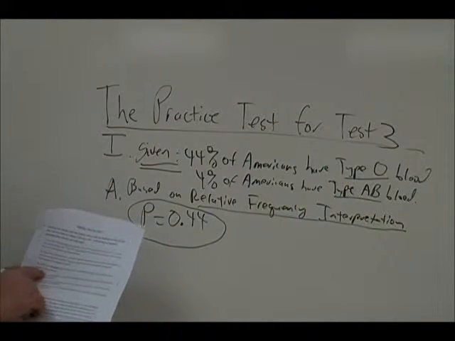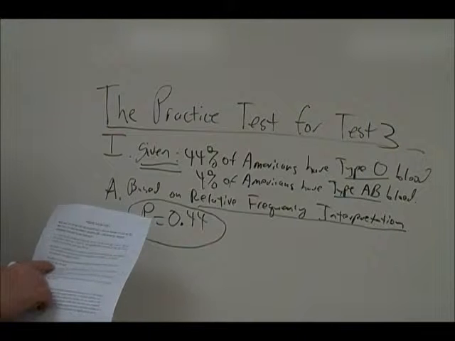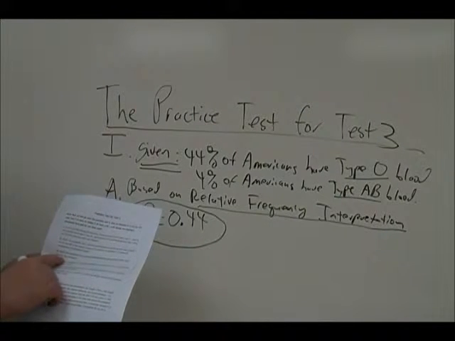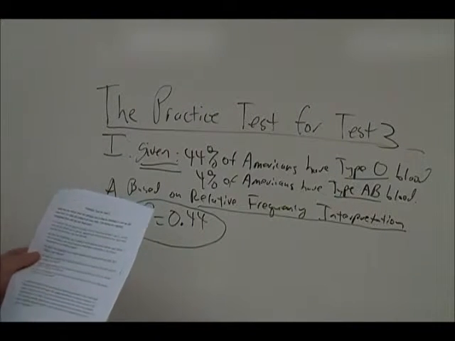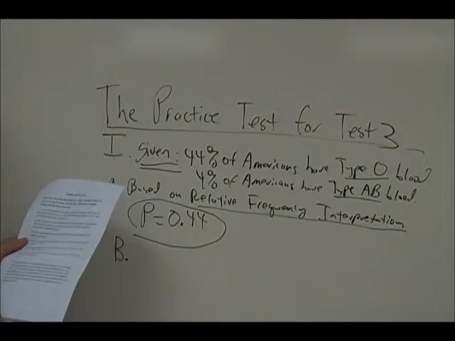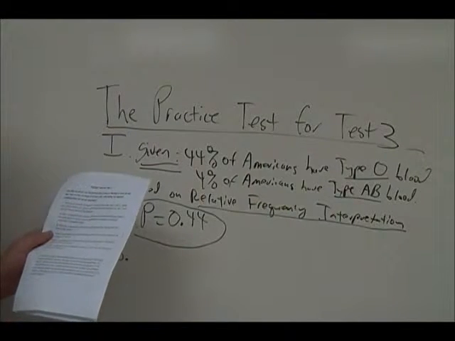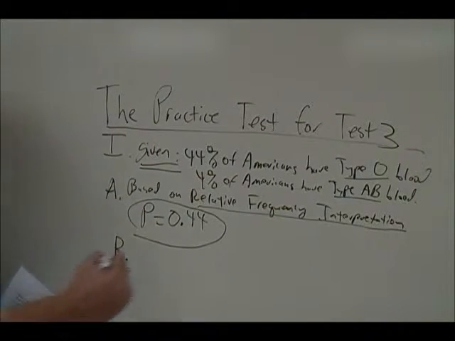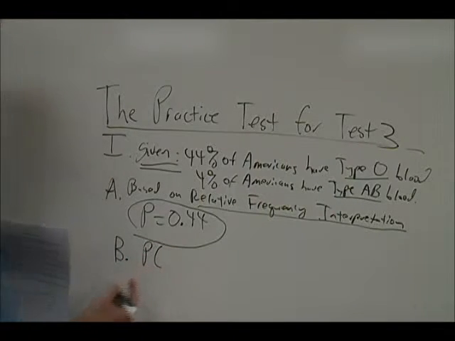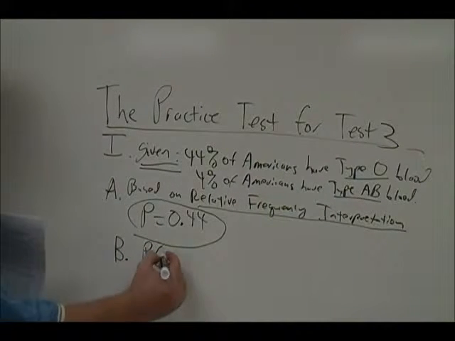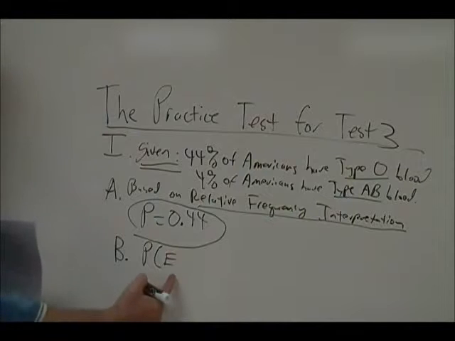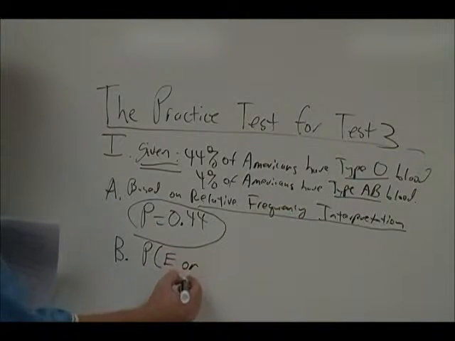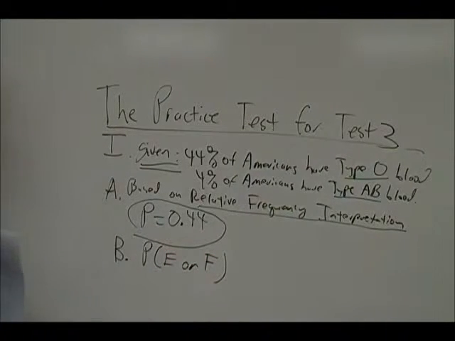The clue or the litmus test that tells you that's a compound probability is the or. Saying, what's the probability a randomly selected American either has type O blood or type AB. So we could write this probability in the notation, probability that either the event E occurs or the event F occurs when we perform the underlying procedure, which is to randomly select an American and check their blood type.